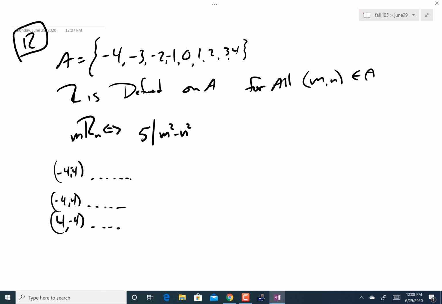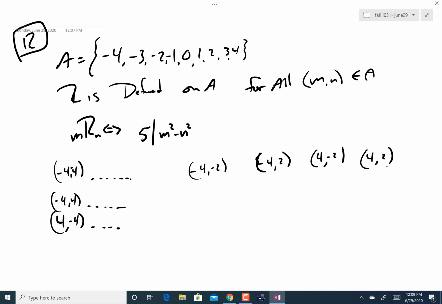Okay? Then, think about this. We need to be divisible by 5. So 16 minus 9 is 7. That is not going to work. 16 minus 4 is 12. So any of the 4s and 2 combinations. And then, of course, you're like, well, what about positive 4? Sure.